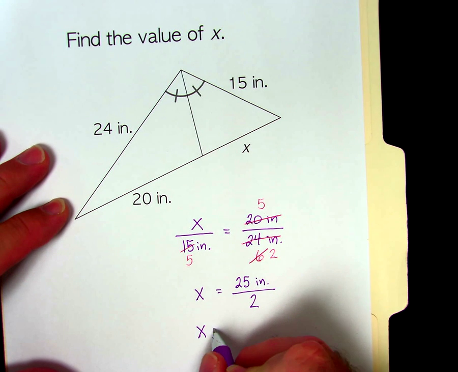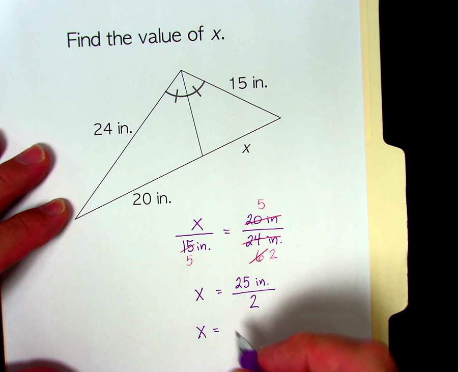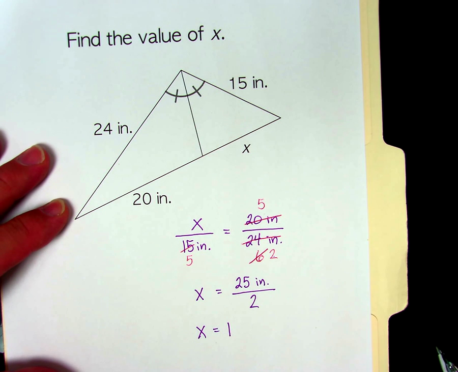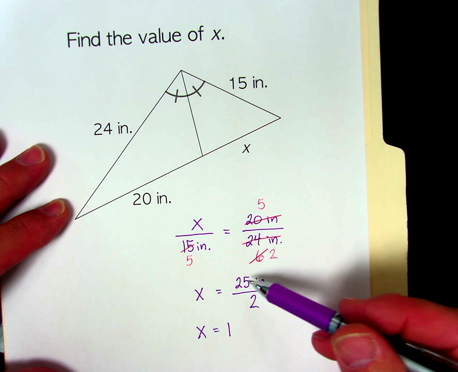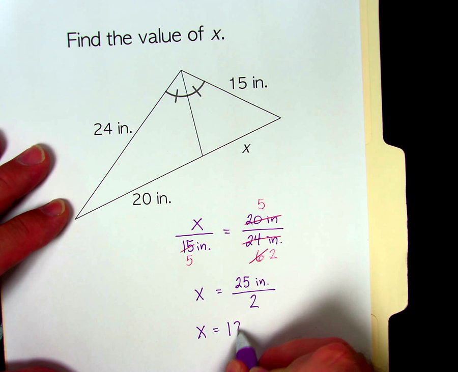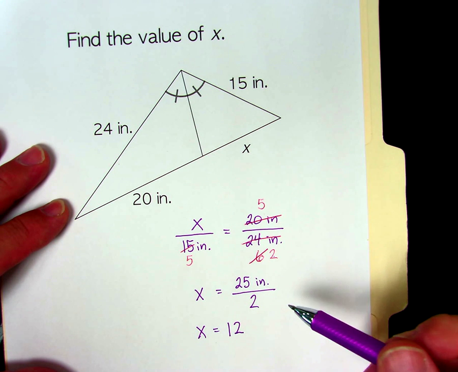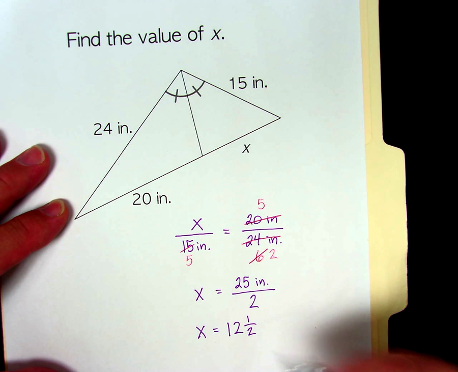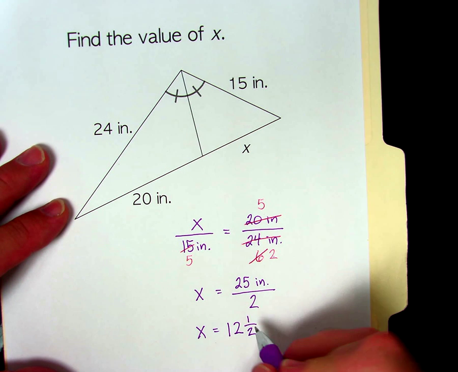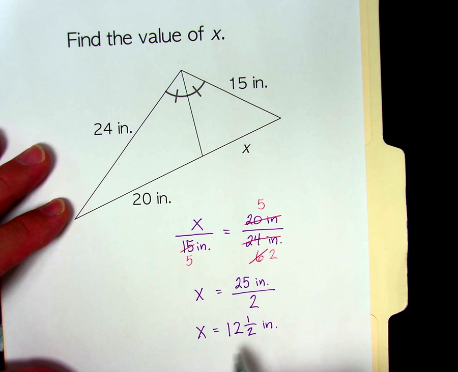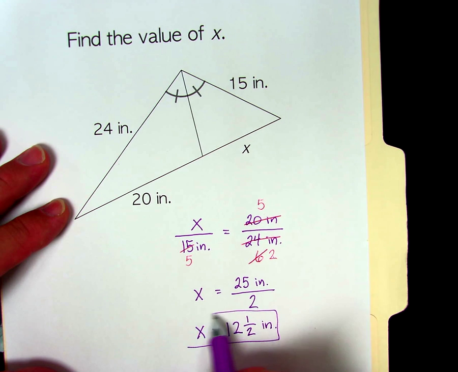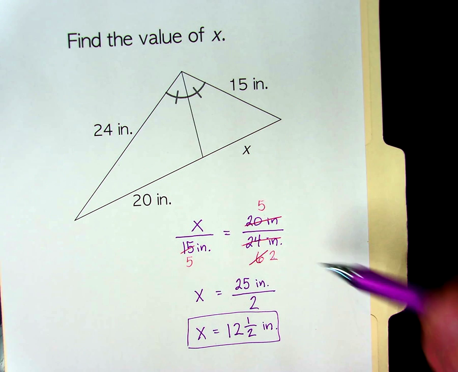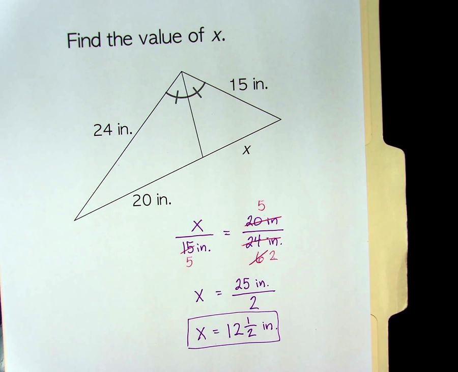So 2 divides into 25 twelve times, since 2 times 12 is 24, there's 1 left over. So the 1 that's left over still needs to be divided by 2. And so x would be 12 and a half inches. Now, if you used your calculator and divided that and got 12.5 inches as a decimal, that's okay.